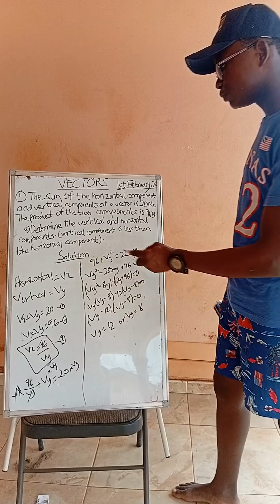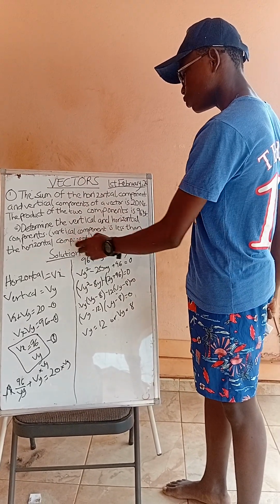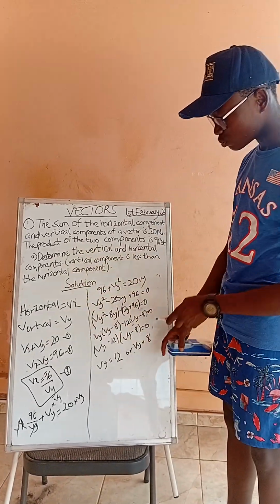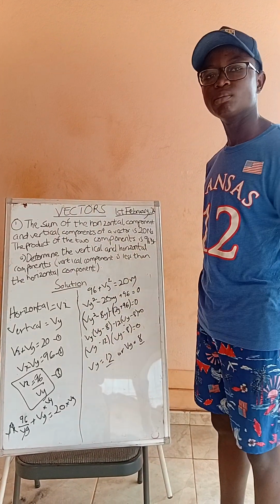But know that they said the vertical component is less than the horizontal component. So that means that the vertical component must be the smaller number, while the horizontal component must be the bigger number.